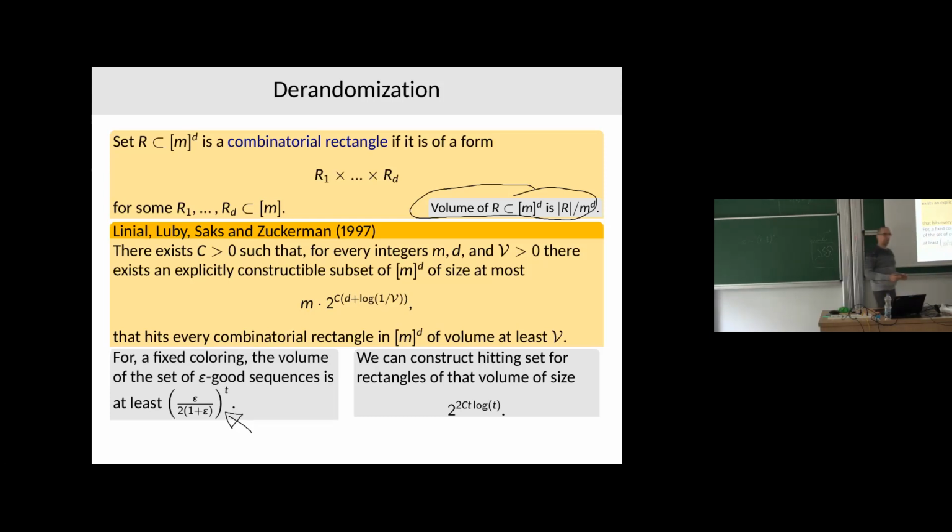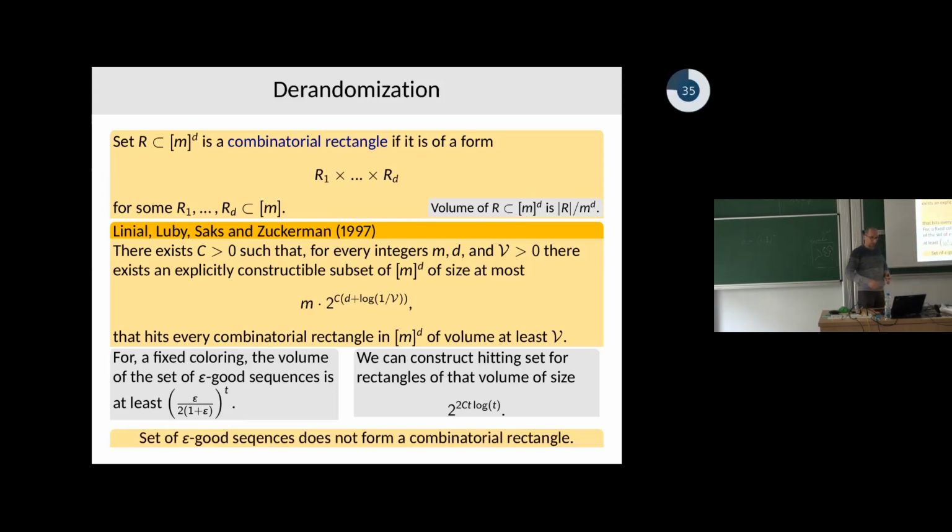There is some difference in the constant here, but you can see t log t, just like in the random construction. So we are not that far away. In particular, we are much better than what was used before, like t squared. So that's this improvement.